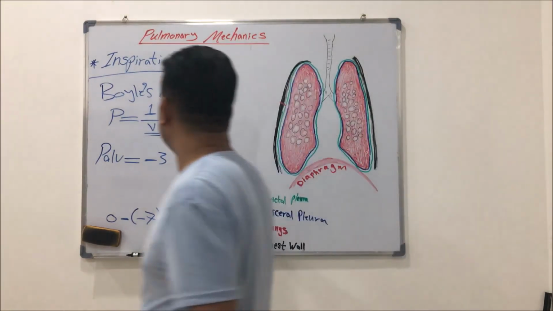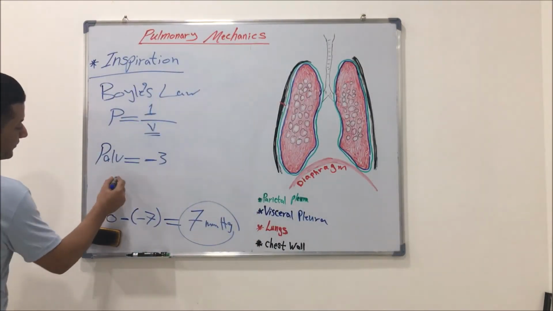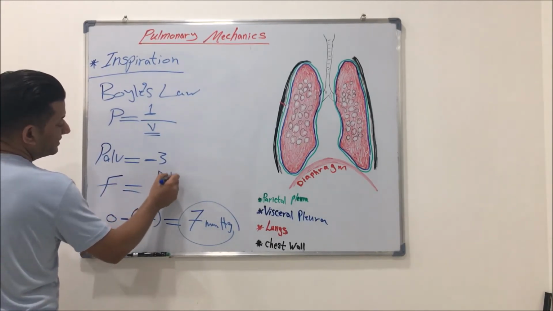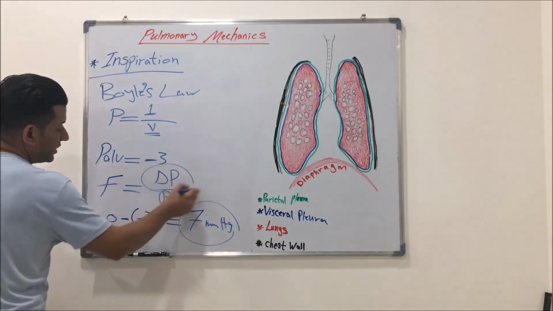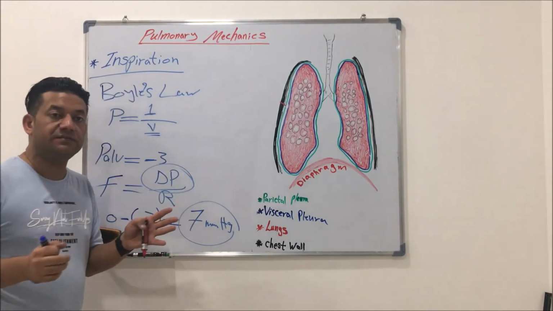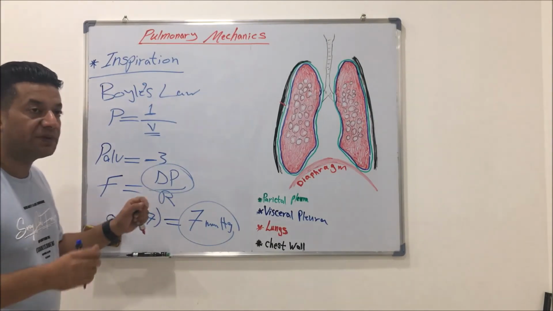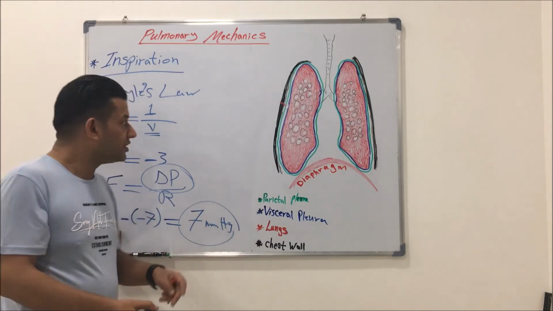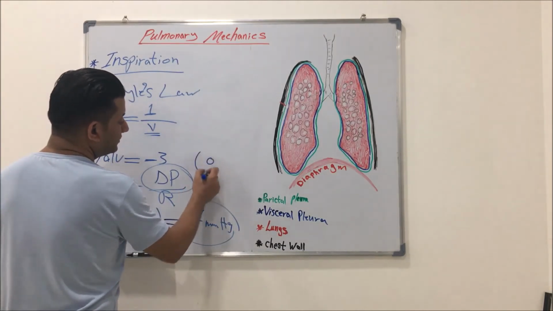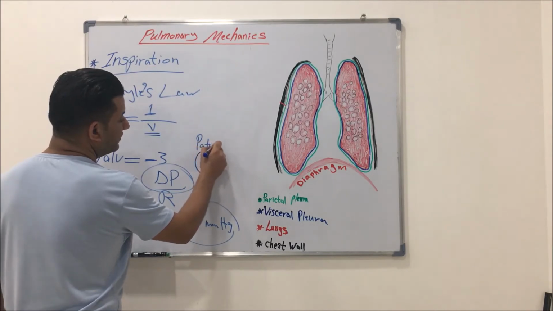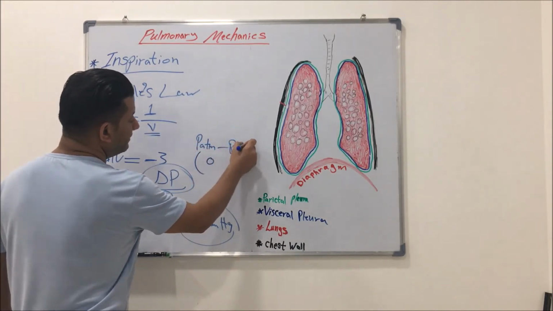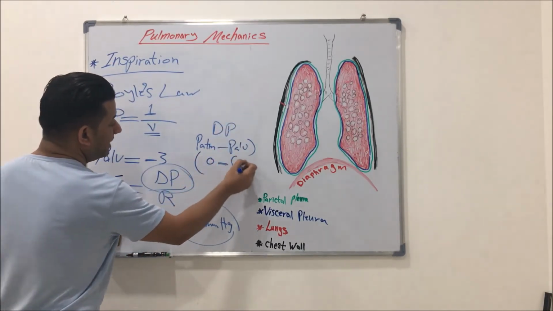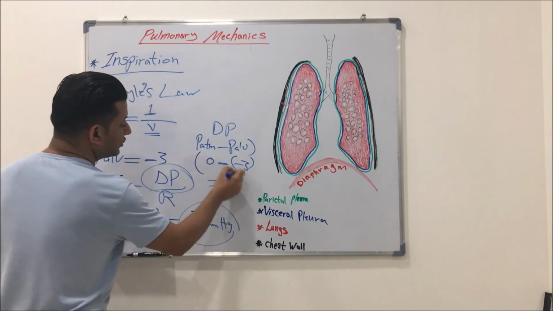So according to the law of flow, we have said that the bulk flow equals delta P over R. Delta P represents the difference between the atmospheric pressure and the alveolar pressure. So atmospheric pressure is 0, minus the pressure of the alveoli, -3. This is the delta P. So 0 minus -3 equals 3.